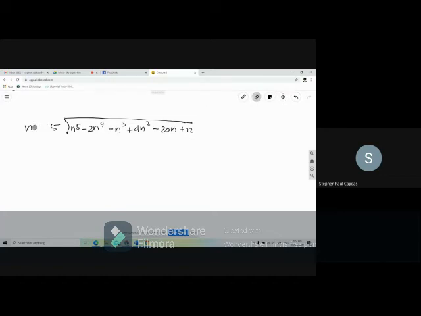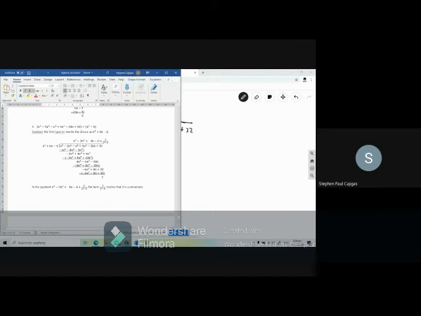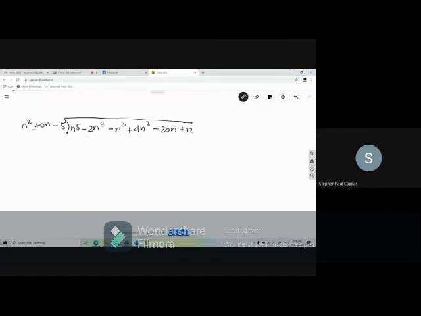So we will rewrite n squared minus 5 as n squared. So we get n squared plus 0n minus 5. Is that minus? Yes, minus 5. So we will rewrite this as n squared plus 0n minus 5.